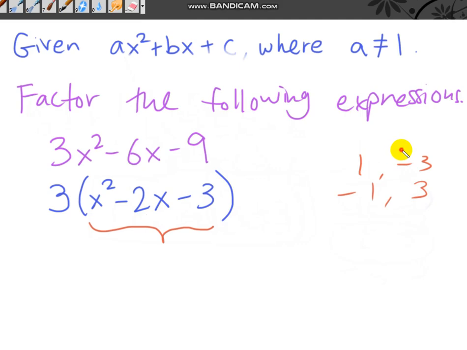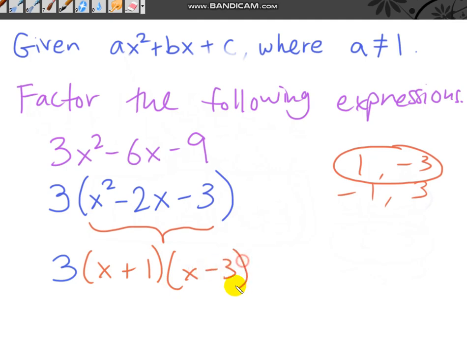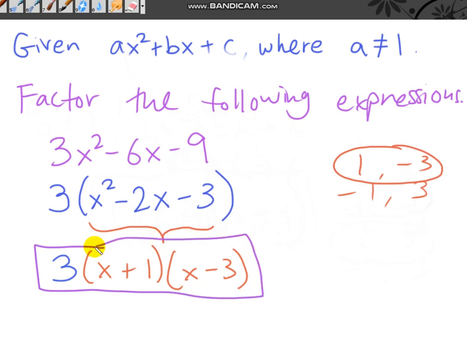I believe this would work, so if we want to factor this purple expression, this would be 3 times x plus 1 times x minus 3. That is how that one would factor all the way down. And if you don't believe me, go ahead and FOIL or box this. Just do the reverse of what you did, and you should get what you have here. That is how you would factor something like that.